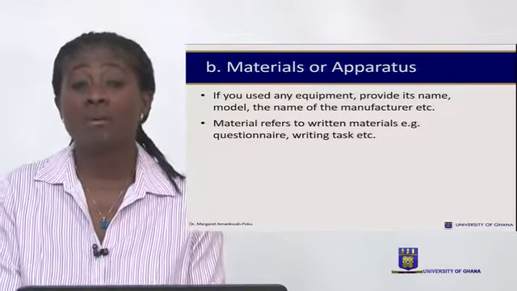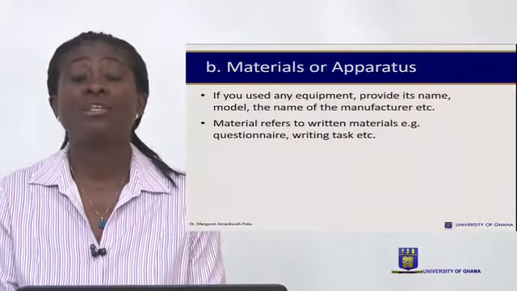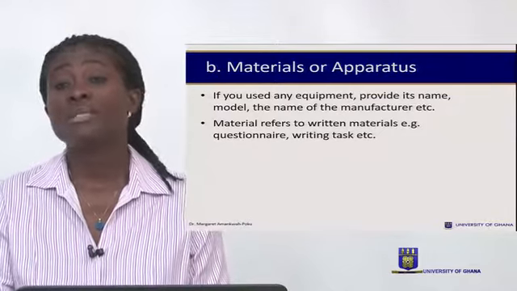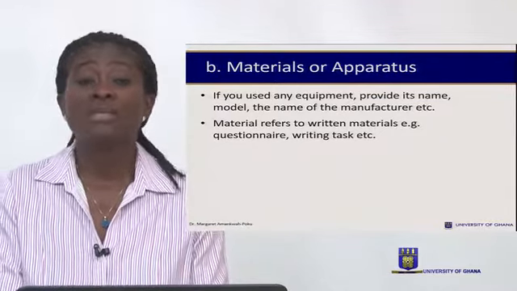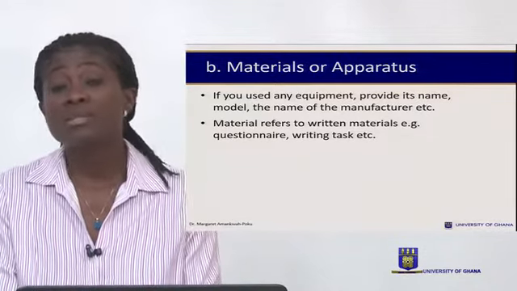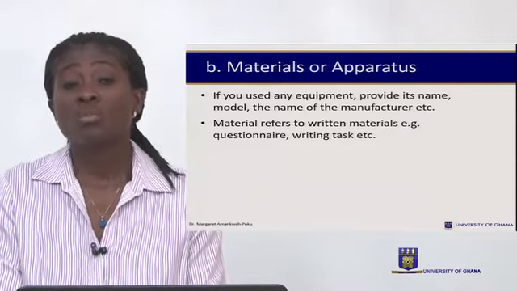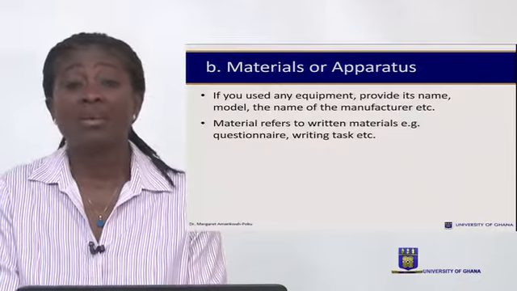So if you're using a questionnaire, if it's a paper and pencil test, etc., you need to state all of that. For instance, if you use a questionnaire, you need to name the questionnaire, who developed it and in what year, how many items are on it, what the responses on the questionnaire are, how it is scored, and then how reliable or valid that questionnaire is.